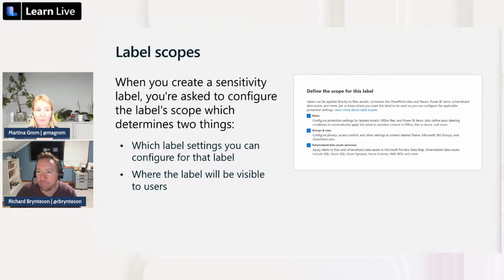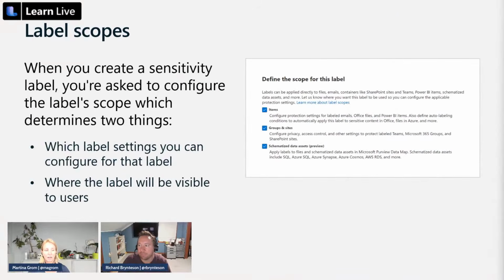And that means with those protection settings, you're really good to go when you think about labels within Teams. Also, when you create a sensitivity label, you are asked to configure the label scope in the Microsoft Purview portal. That means what kind of labels can I configure, and where the label will be visible to the users. Can we apply sensitivity labels to the following scopes: files, emails, Office files, groups, and data assets?